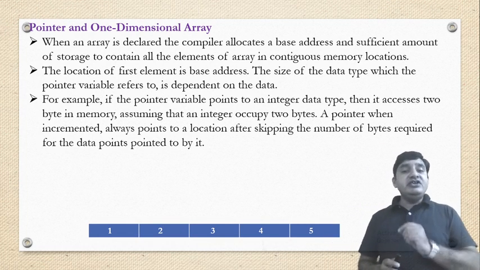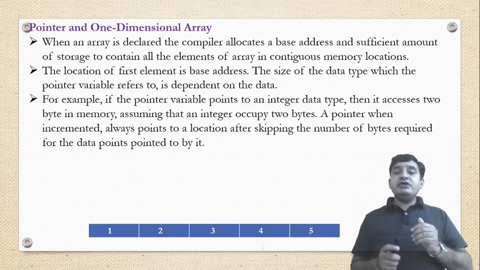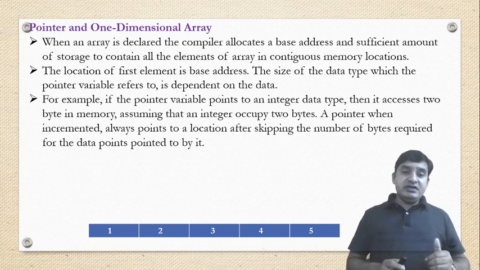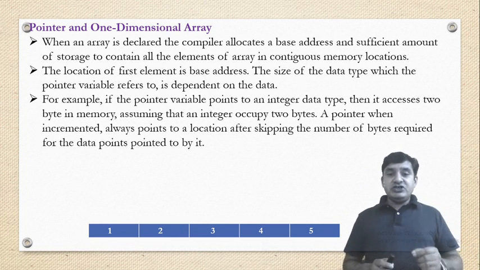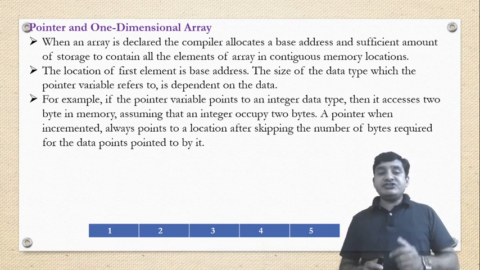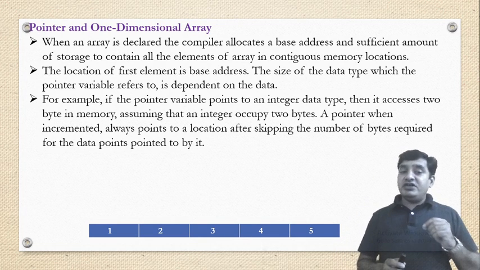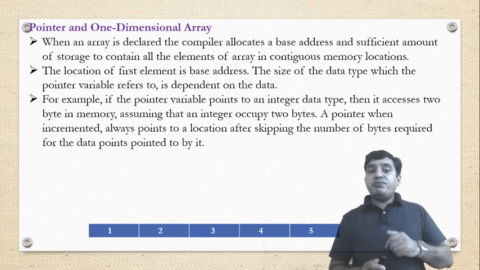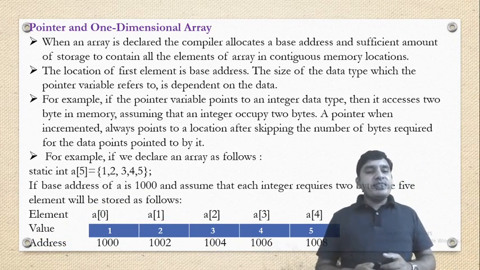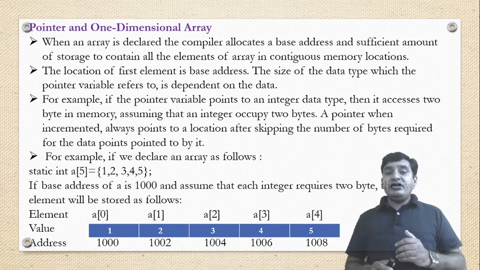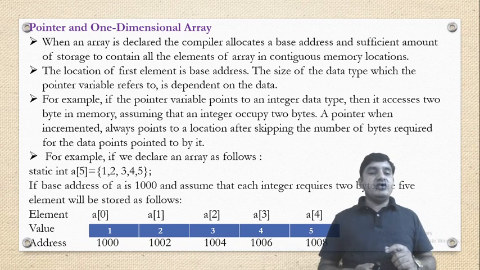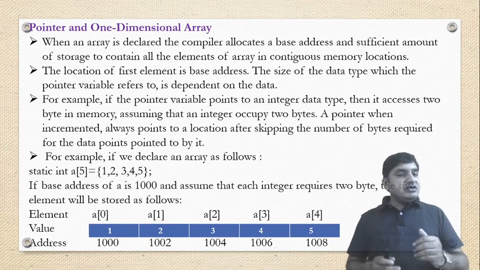Assuming that an integer occupies 2 bytes, a pointer, when incremented, always points to a location after skipping the number of bytes required for the data pointed to by it.